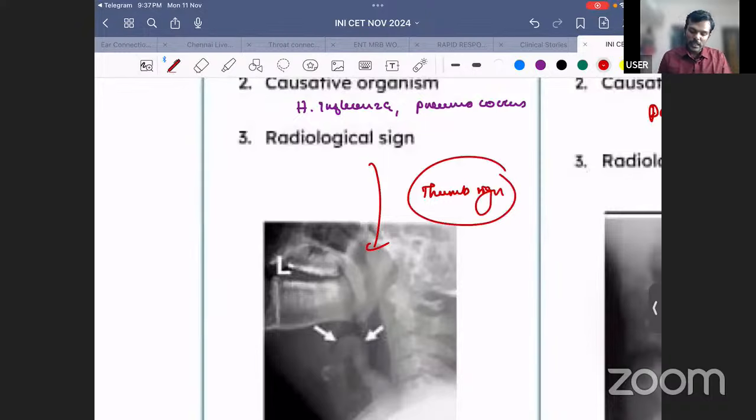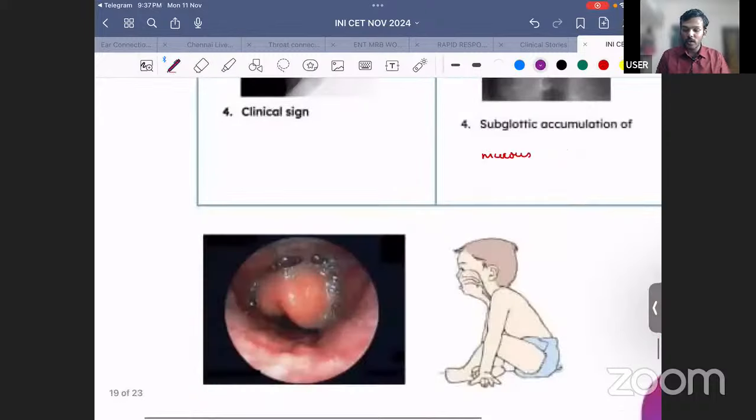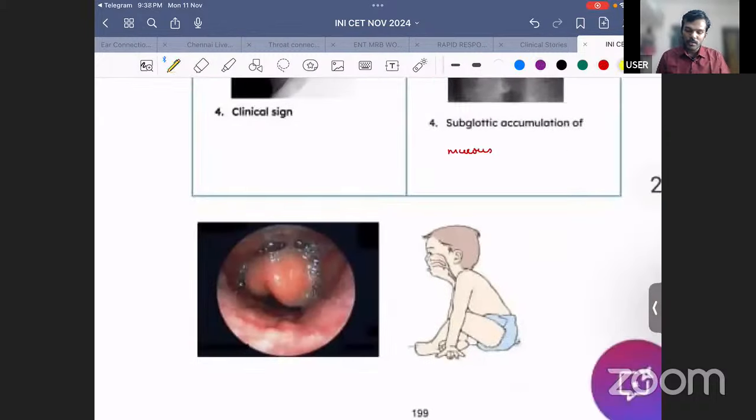Here the clinical sign will be, see here, this is acute epiglottitis where the epiglottis is fully inflamed. As the epiglottis is fully inflamed, the child will find it difficult to breathe through the oropharynx. So the child acquires a position like this, keeping the hands like this and legs like this, it looks like a tripod.